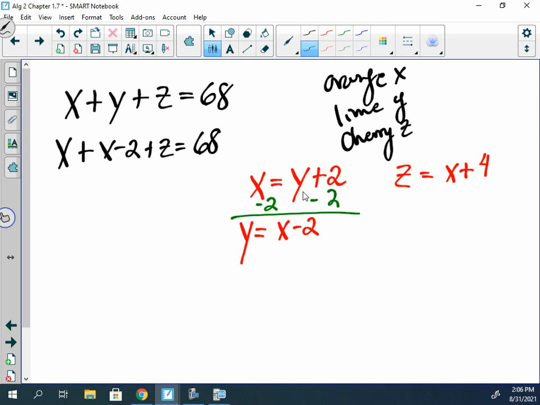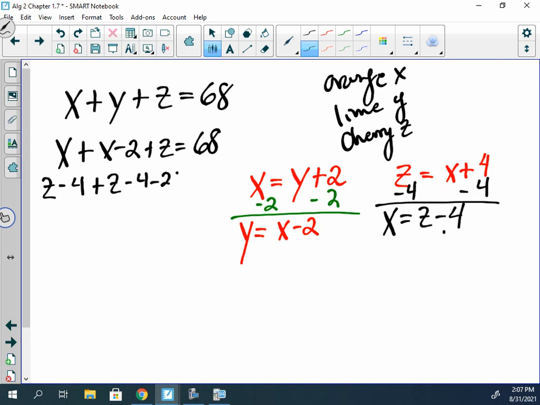Over here, I would need to get this in terms of z, because again, we want to know the number of cherries, and have it as z minus 4, so that I can replace every x with z minus 4. So we'd have z minus 4 plus z minus 4 minus 2 plus z equals 68.